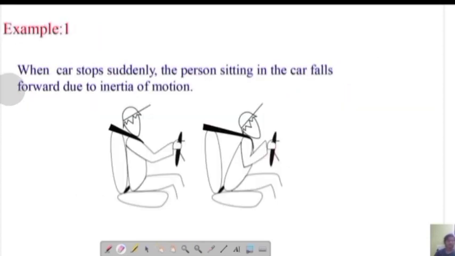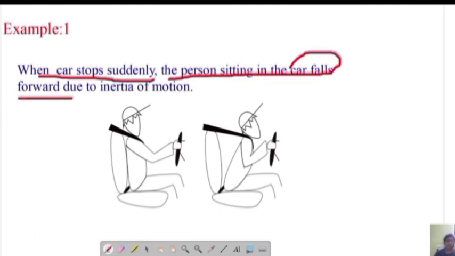Is it clear? Let's learn some examples of inertia of motion. Example 1. When a car stops suddenly, the person sitting in the car falls forward due to inertia of motion. That's what I told you previously. When you are riding the bicycle and suddenly apply the brake, what happens to your body?